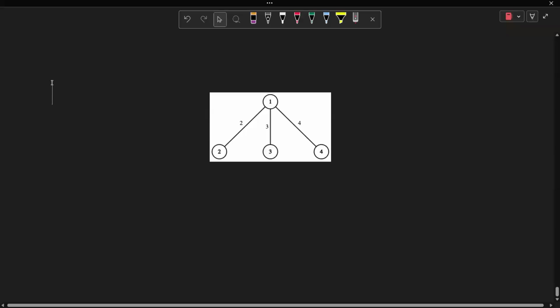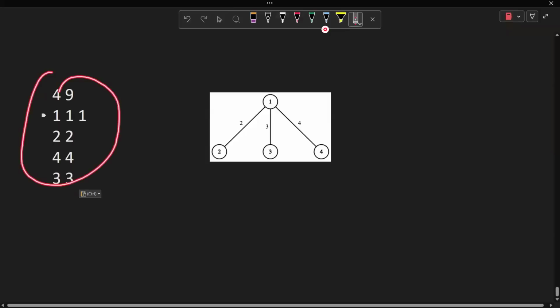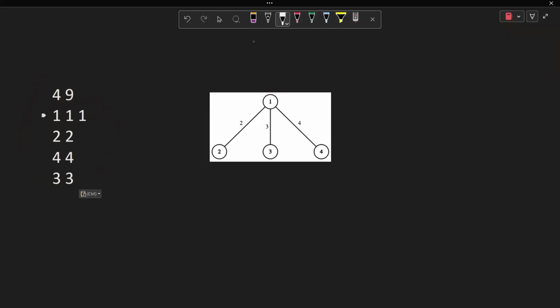So here you are given this test case, let's say. What does that represent? One is the root node, and this is the parent array that represents the tree. The parent array just represents the parents of every node from 2 to n.